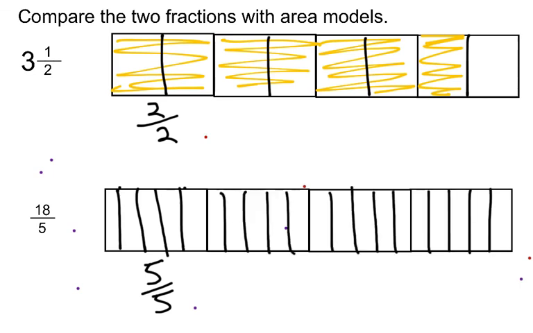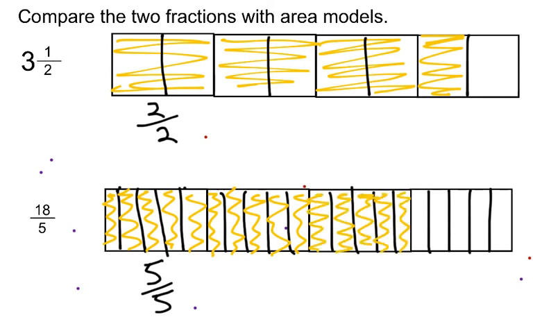So now I have each one broken down into fifths, and I can color in 18 of them. So again I have 5, I have 10, I have 15, 16, 17, and 18.